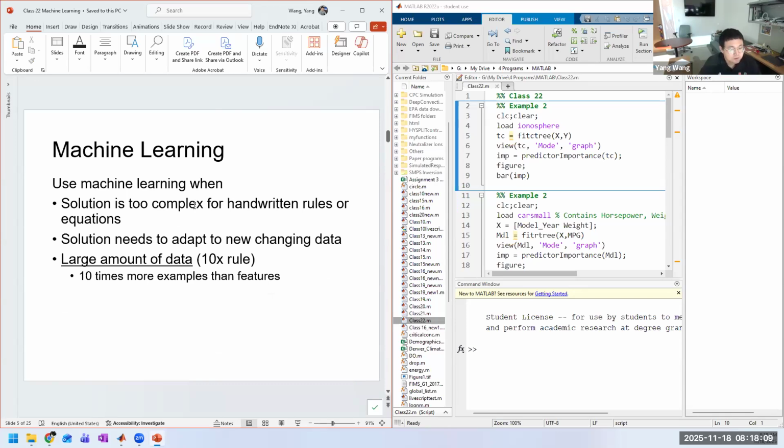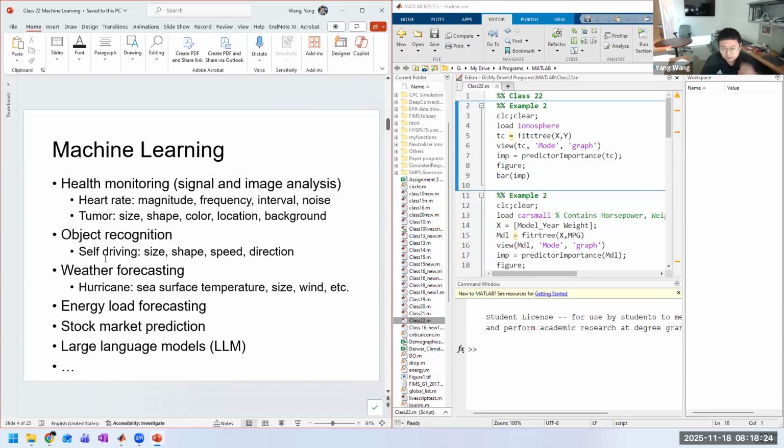Also, the solution needs to adapt to new changing data, and this is indeed the case because we're not only focusing on the data in the past, we're also looking into the data in the future, right? In the future, it could be an extreme case. For example, for self-driving, there could be new scenarios. Nowadays, people also use drones, right?